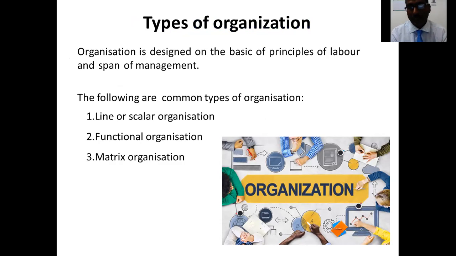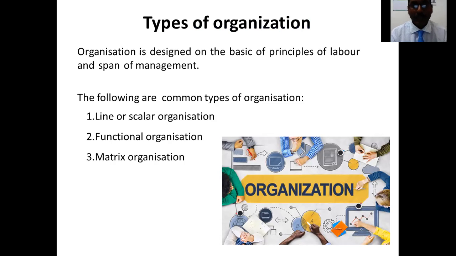Now we go into types of organization. Organization is designed on the basic principles of labor and span of management. As I told you, people are there in an organization to work, and it has span of management. So the following are common types of organizations. There are several types, but we look at the three most common types.